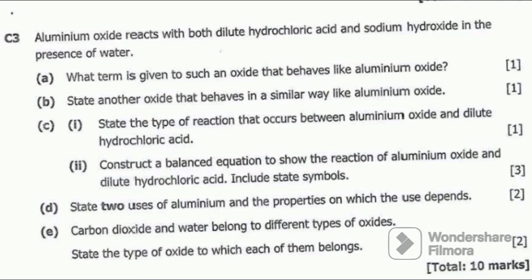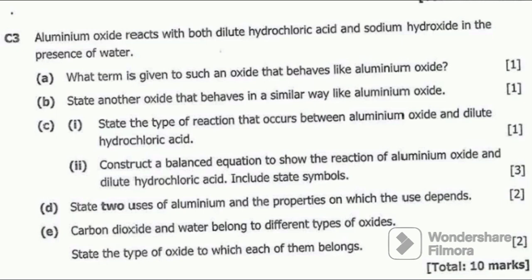We also have a basic oxide. What is a basic oxide? Basic oxides are oxides of metals. What do I mean? A metal has to combine with oxygen to form this basic oxide.